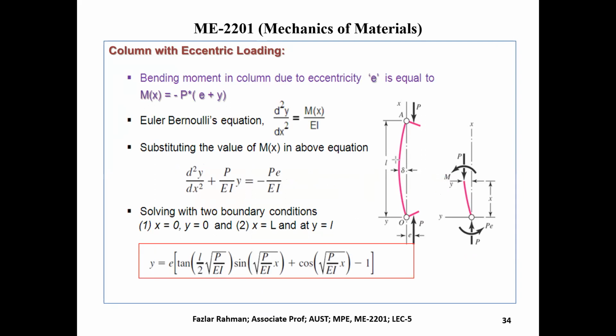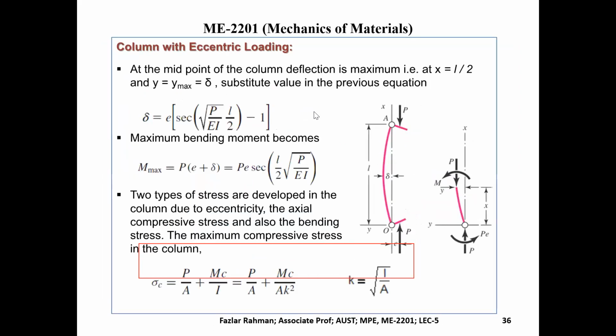So if you put x equal to L by 2, then use trigonometry and rearrange the formula, you get delta. What is delta? Delta means the lateral deflection, or the value of y when x equal to L by 2. That means at the middle of the beam. So in that case, we got this formula.